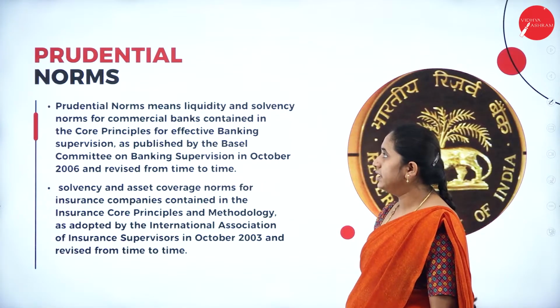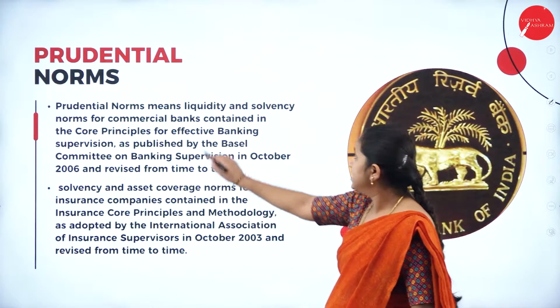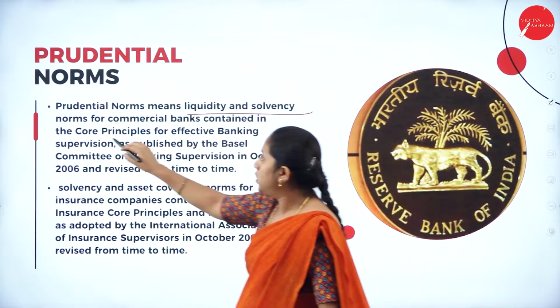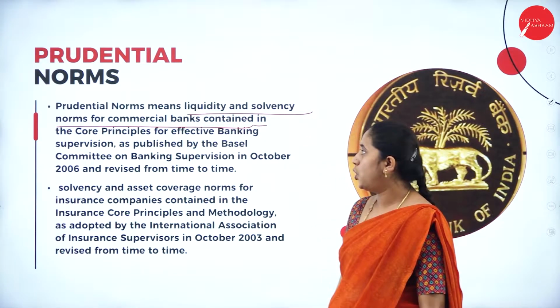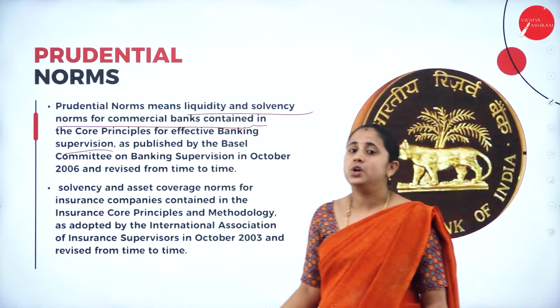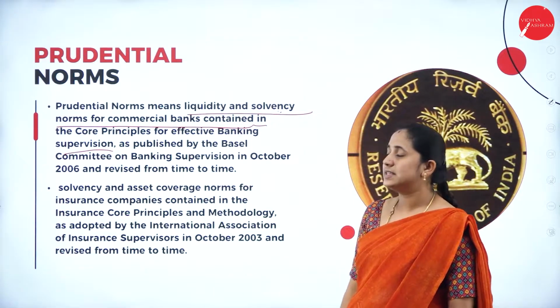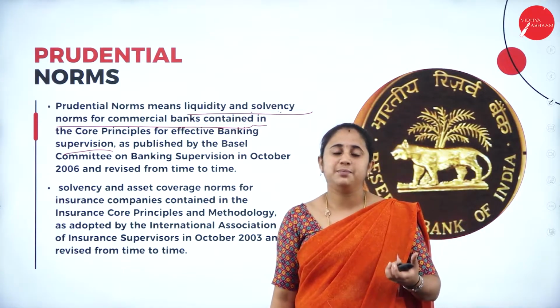Moving further, the next topic is prudential norm. Prudential norm means liquidity and solvency norm for the commercial banks contained in the core capital for effective banking supervision. It is a liquidity and solvency norm for the commercial bank.